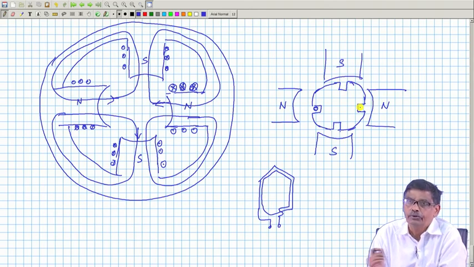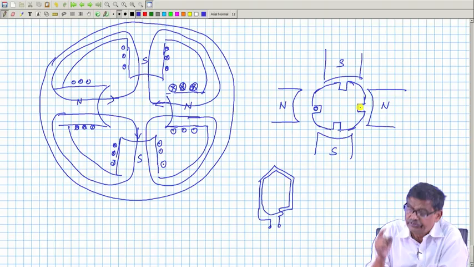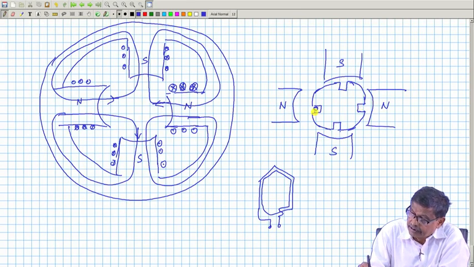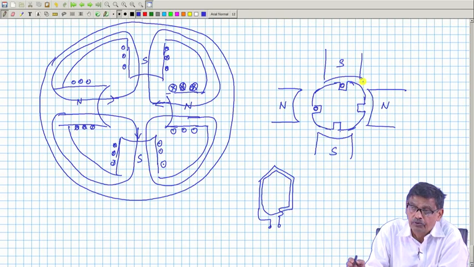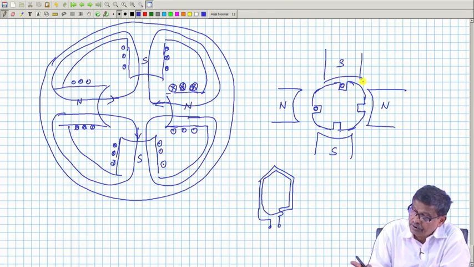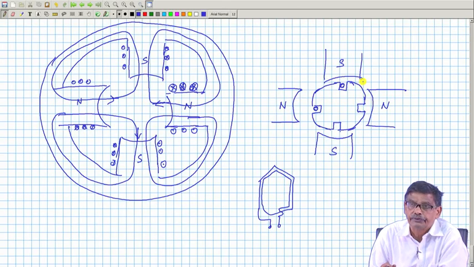That is why the rule is, you must ensure if one coil side is under the center of the north pole, the other coil side must be under the center of the south pole to ensure that maximum voltage is induced.